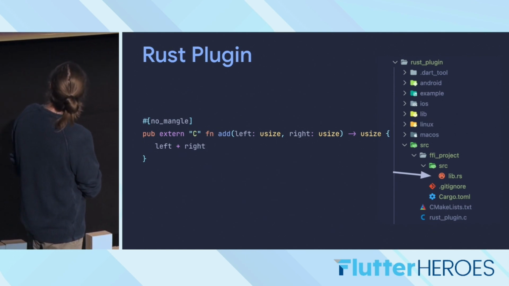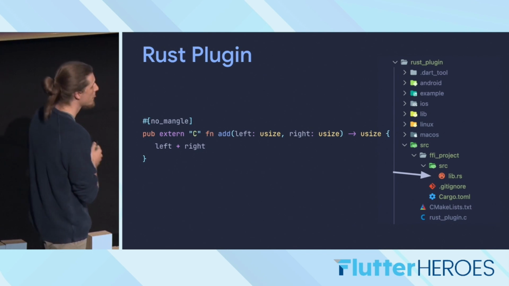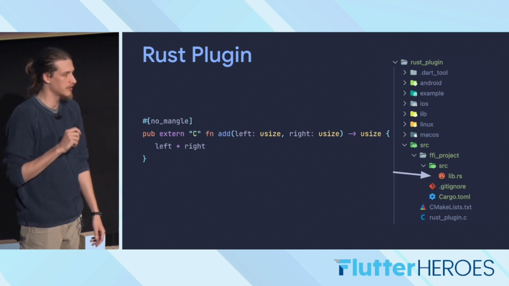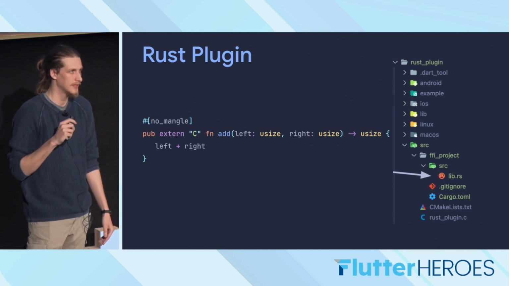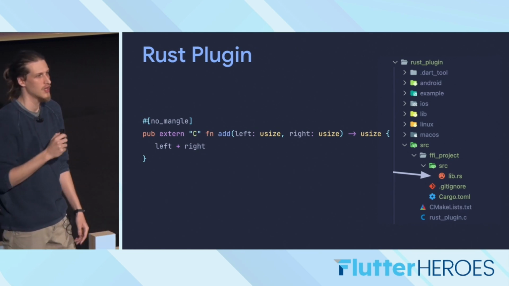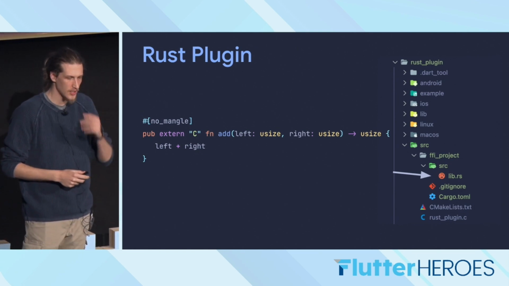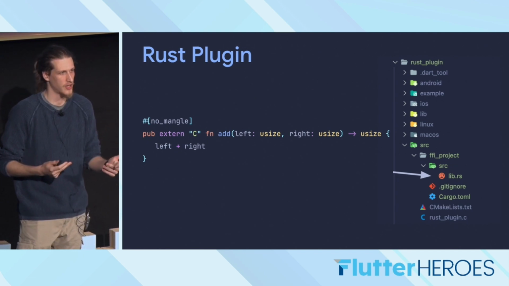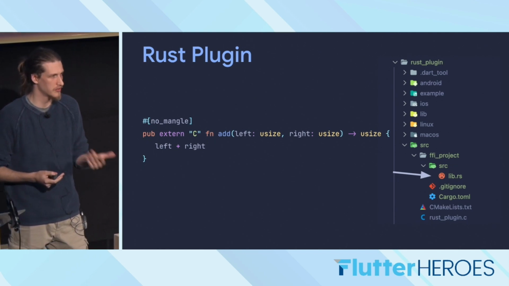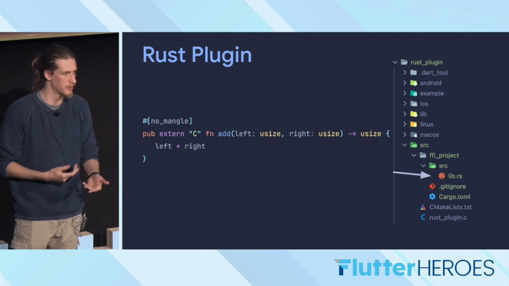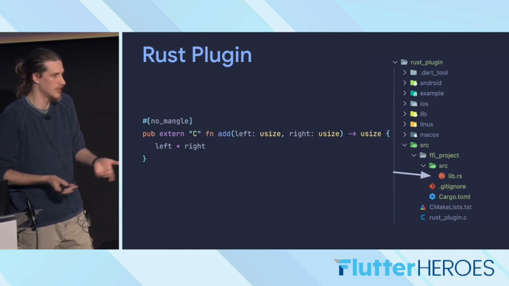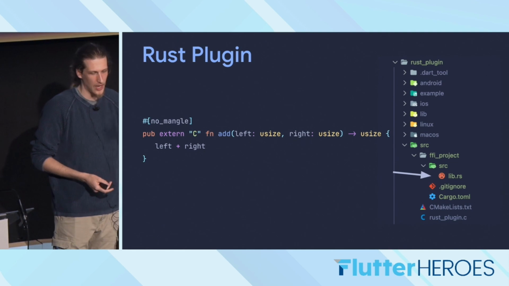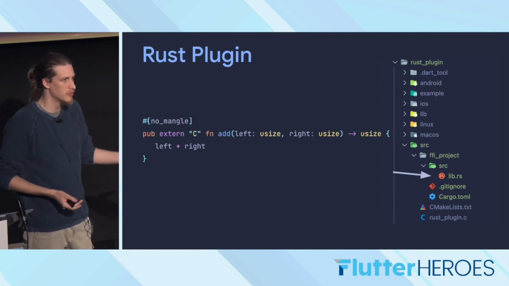And also that nomangle decorator that is used to tell the compiler to not remove our function, because during compilation unused functions get deleted to improve performance, and obviously our library is not used at the time, so our sum function is going to be deleted.